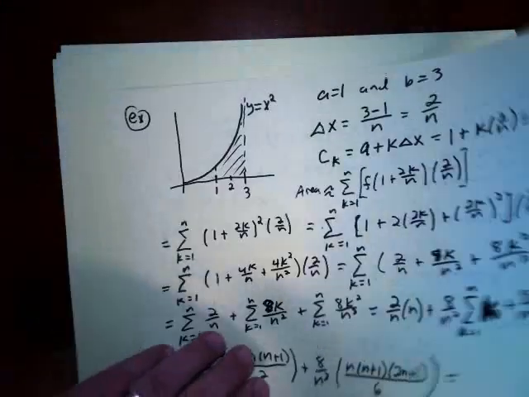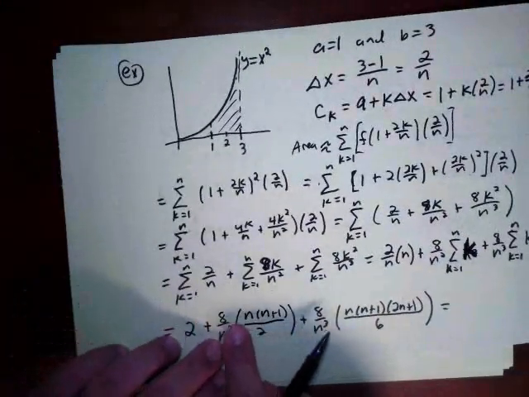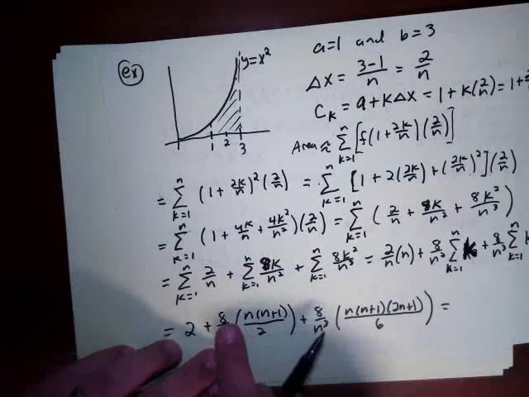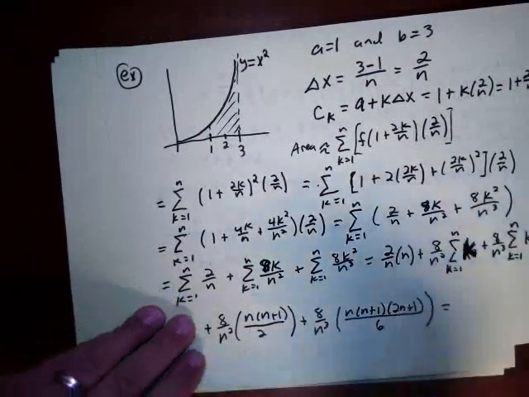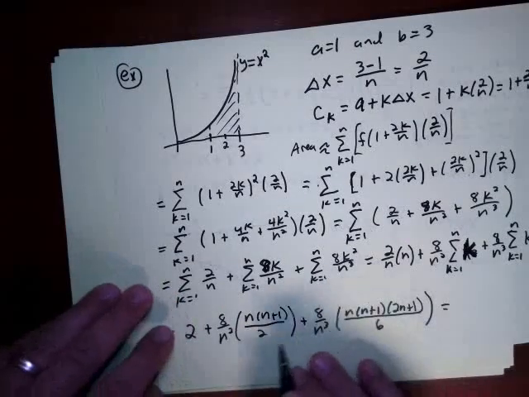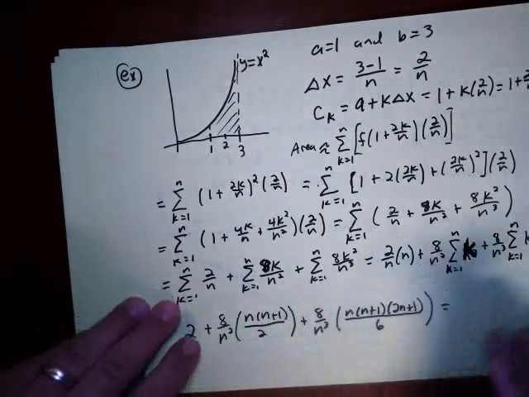So let me keep simplifying here on my next page. Let me write that last one out. I'll just write an 8 here and an 8 there, and then put the n squared there and the n cubed there.